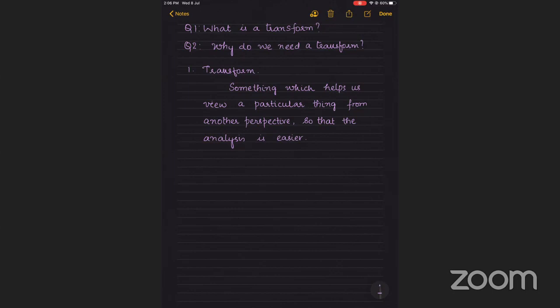a mathematical tool that helps. It's a map that is used for analysis.